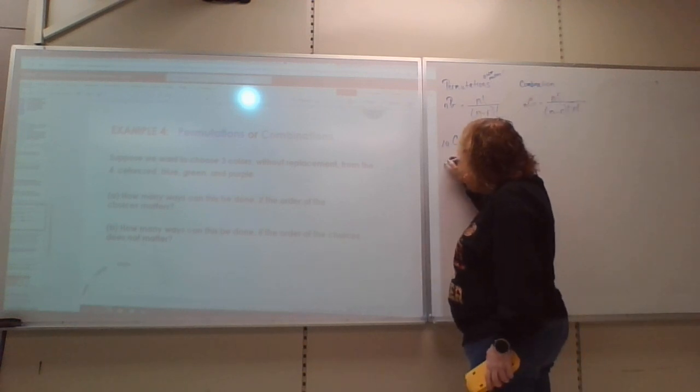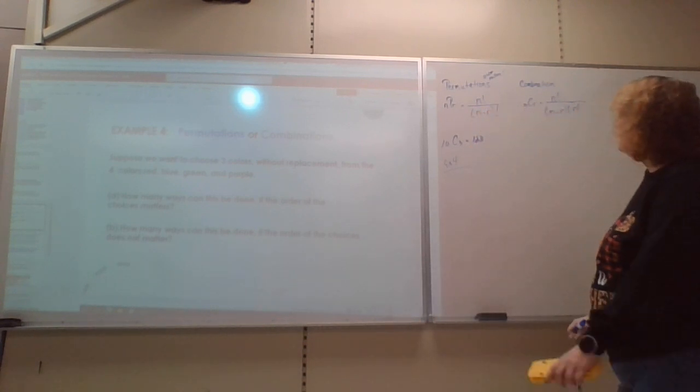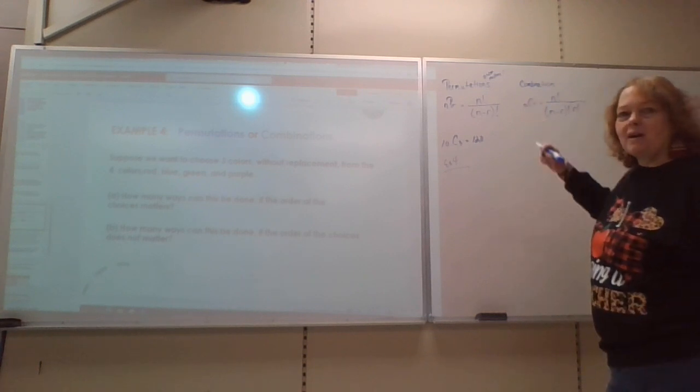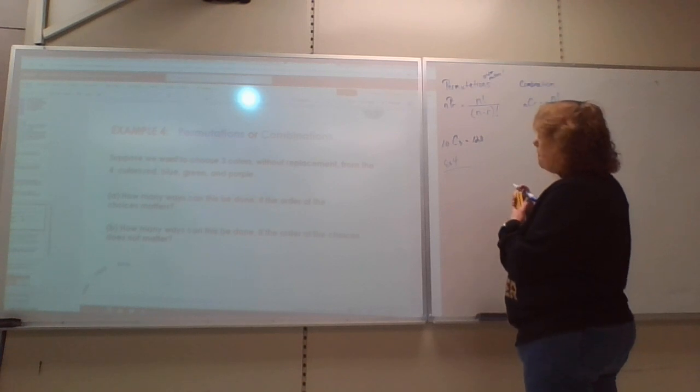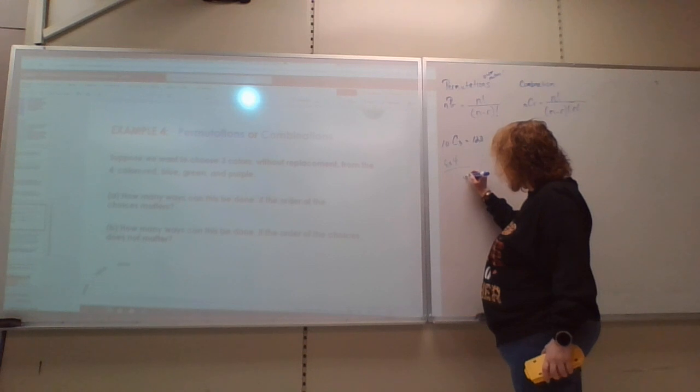This is example 4. If order does matter, what do we use? Permutation or combination? Permutation, because I put it like that. So we use permutation, right? So it would be 4P3.